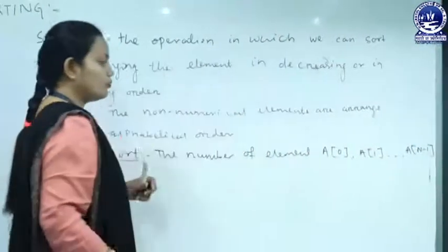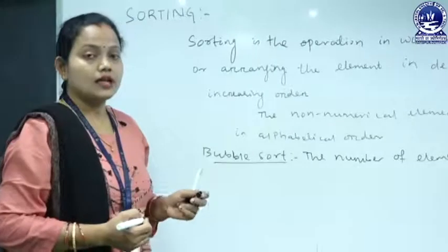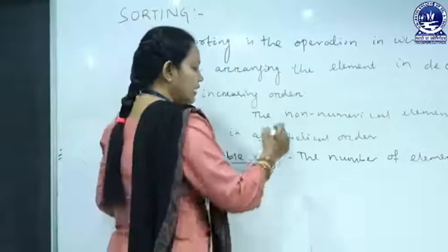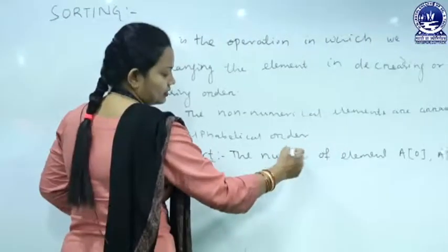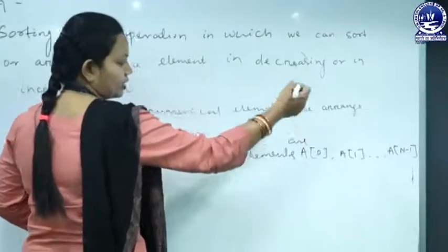If we sort these elements by using bubble sort, how are they arranged? These elements are stored in these locations.